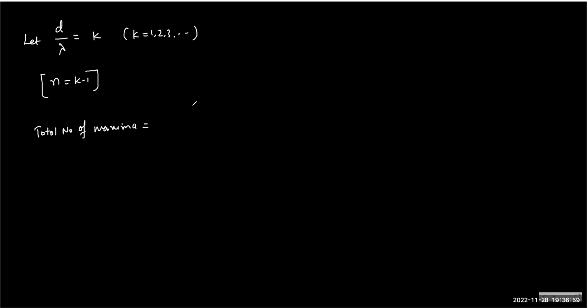Here we cannot attain k, so it must be less than k. So k minus 1 is possible above the O point of the screen, below the O point, and O itself is a maxima in this case. Therefore, the total count becomes 2k minus 1.